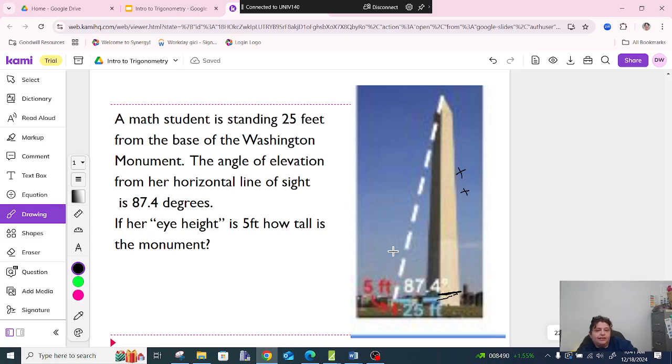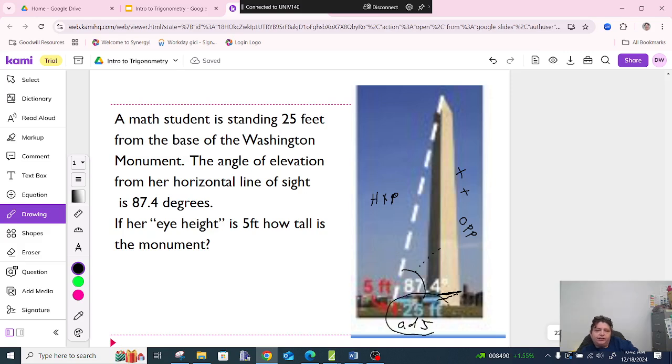So if this is 87 degrees right here, this would be my opposite, right? This would be my hypotenuse, because you would hope that the Washington Monument is standing up nice and straight, so the right angle would be here. And this here would be your adjacent.